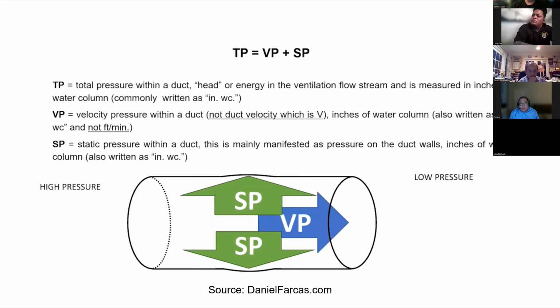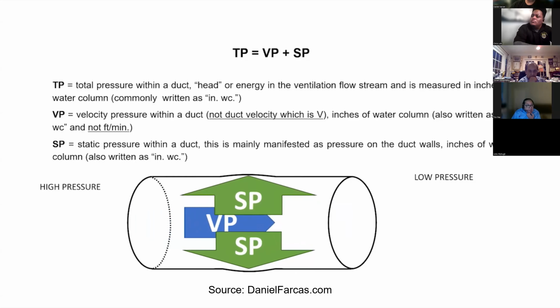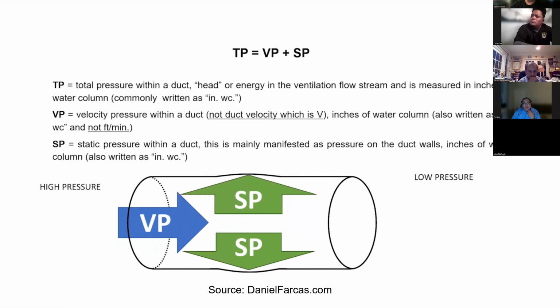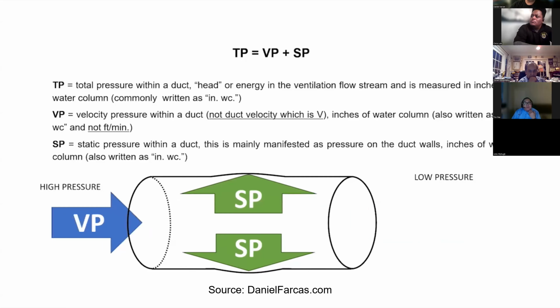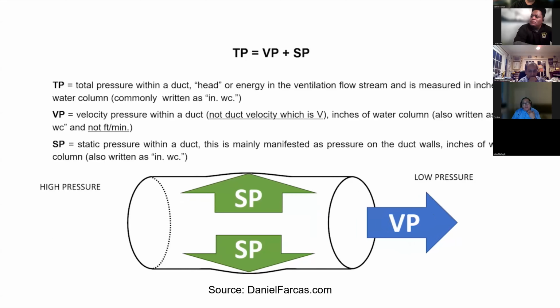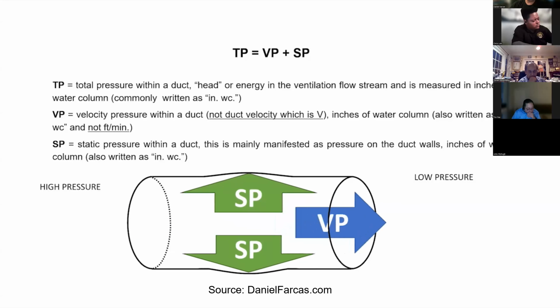Again, static pressure, or SP, is pushing inside the duct walls, while velocity pressure, or VP, is moving the air in the direction of the flow because of the pressure differentials. Air moves from high pressure to low pressure.